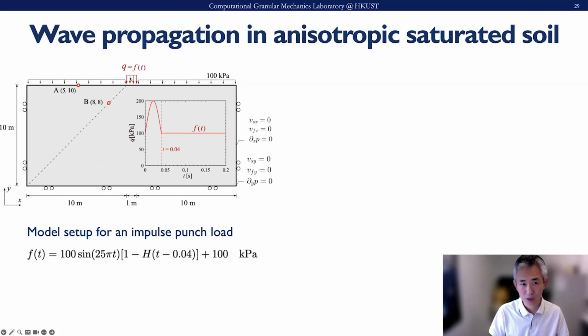At the top part, we apply a punch load. You have a sinusoidal punching load, and after that we remove it, so there's no load anymore. We look at the dynamic response of wave propagation in such a soil domain subject to this punch load.